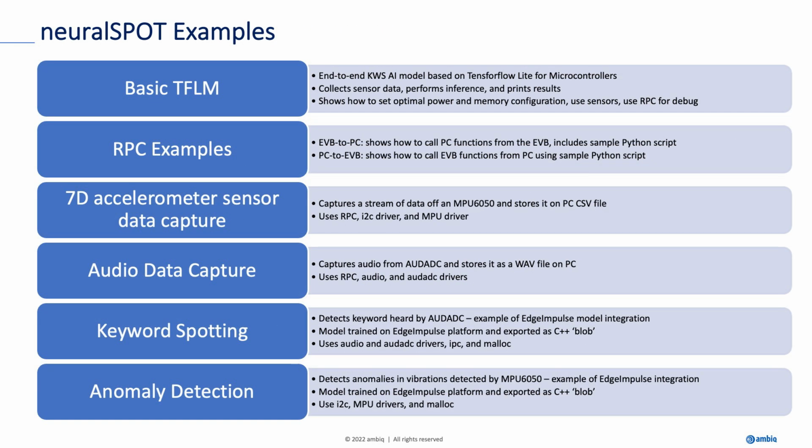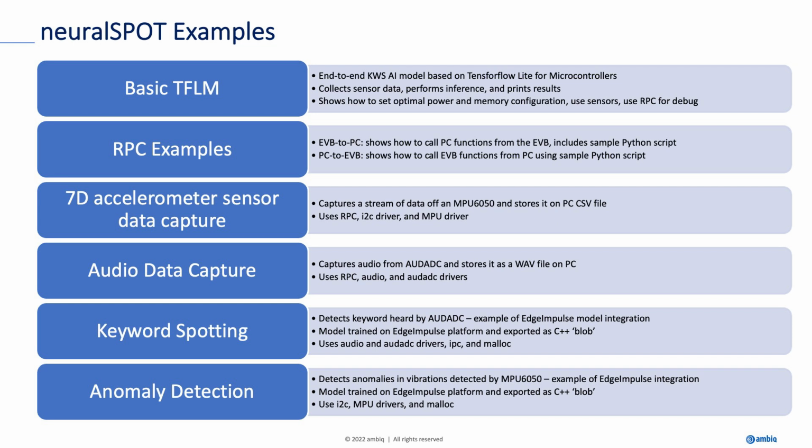And then finally, I think as developers, remember this is developer focused, we all start from examples. And so we've included a bunch of examples in neuralSPOT. The first one you want to look at is the basic TF stub, the basic TensorFlow Lite micro example.